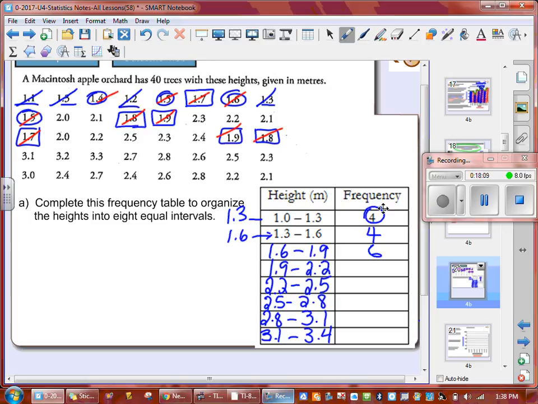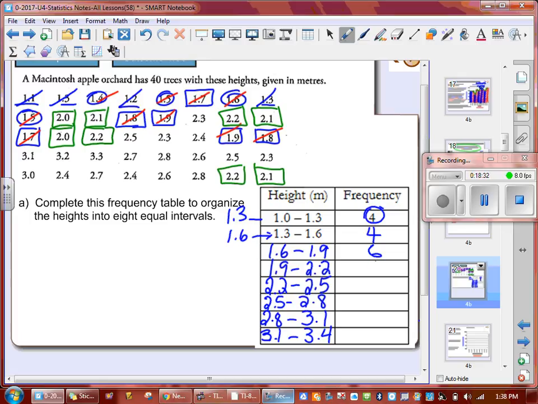So now we're going to look at the next set of numbers. 2.0 to 2.2. I've got 1, 2, 3, 4, 5, 6, 7, 8. Found 8 numbers.